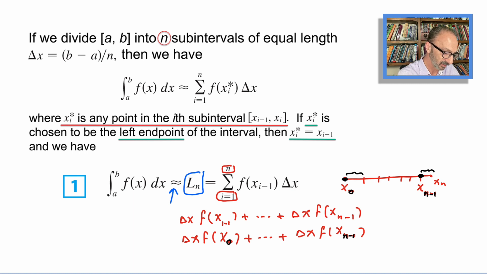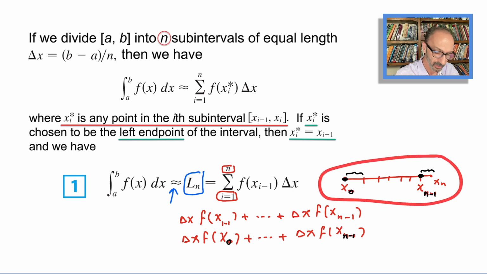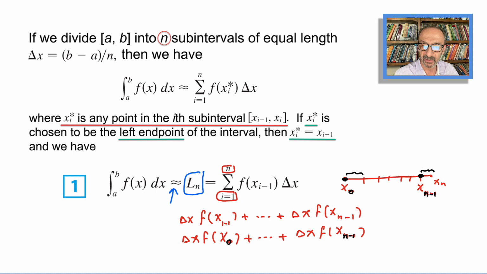For the left endpoint, as you can see right here, we're looking at the left endpoint, starting from i equals 1 to i equals n. This is the interval a to b. a will be x sub 0 and b will be x sub n. Just by applying i equals 1, that's going to be 1 minus 1, which is x sub 0.